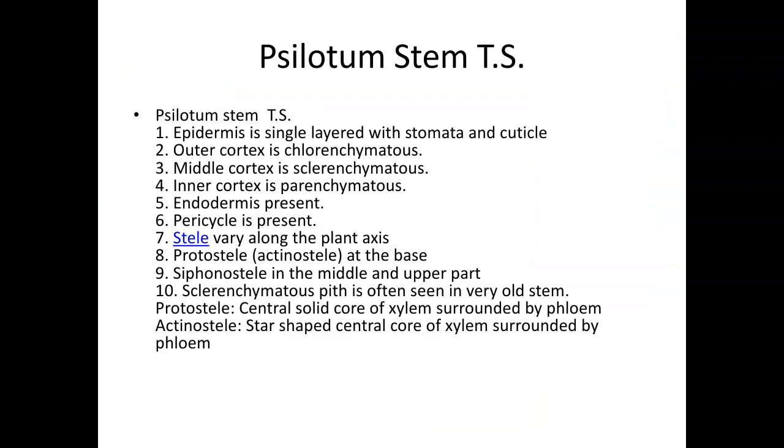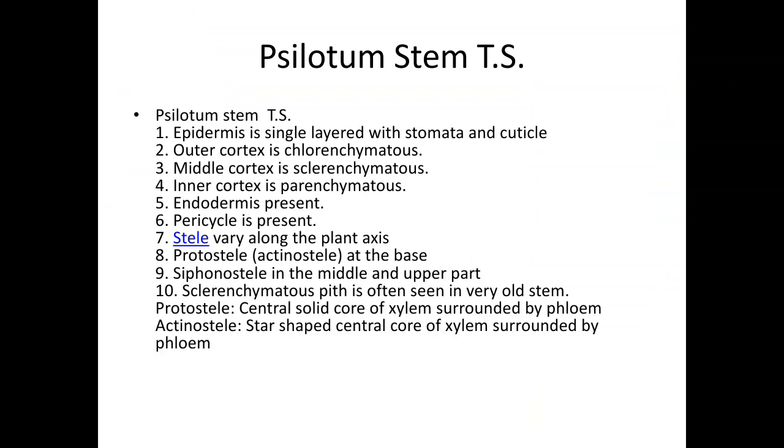So Psilotum stem TS: epidermis is single layer with stomata and cuticle. Outer cortex is chlorenchymatous. Middle cortex is sclerenchymatous. Inner cortex is parenchymatous. Endodermis is present. Pericycle is also present, and stele varies along the plant axis.